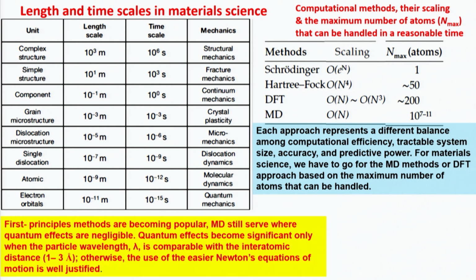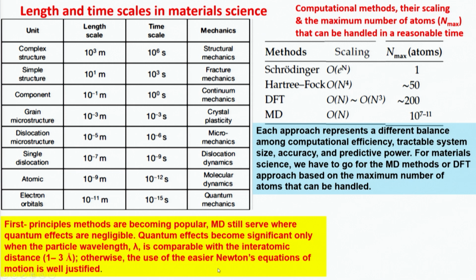For material science, we have to go for the molecular dynamics method or the DFT method based on the maximum number of atoms that can be handled. Now, first principles methods are becoming popular day by day, but molecular dynamics still serves where the quantum effects are negligible. That means where we don't have to deal with electron transfer or electronic interaction. But quantum effects become significant only when the particle wavelength lambda is comparable with the interatomic distance, maybe in the range of, let's say, angstroms.